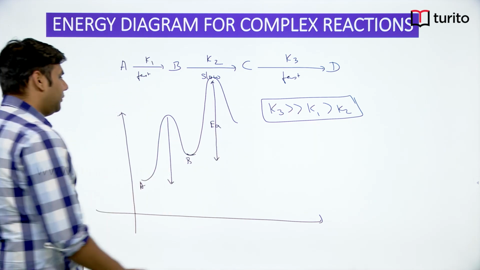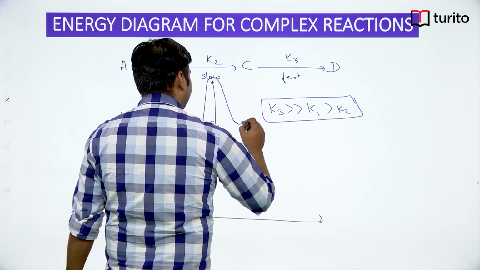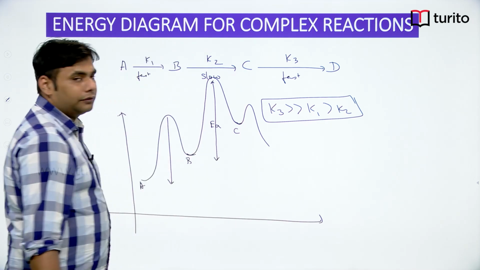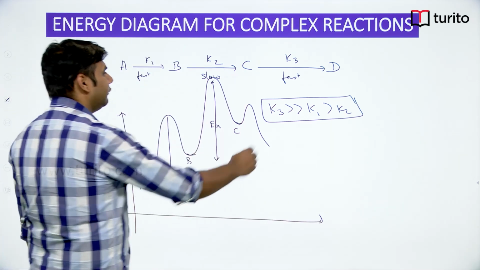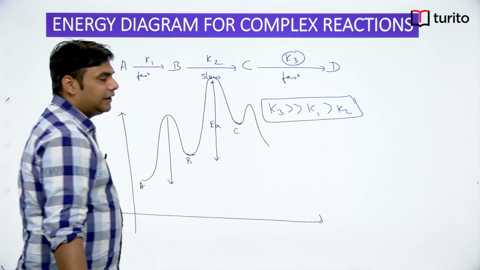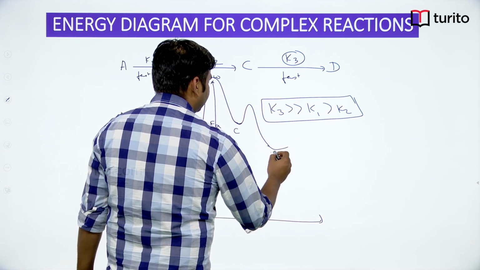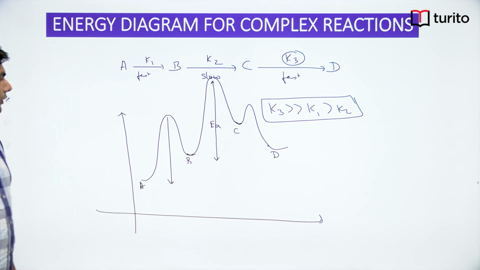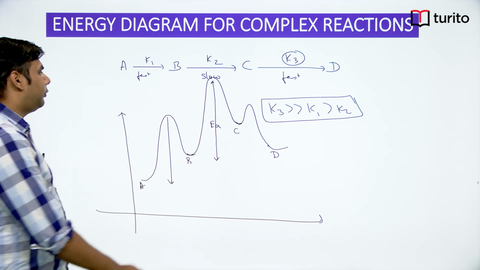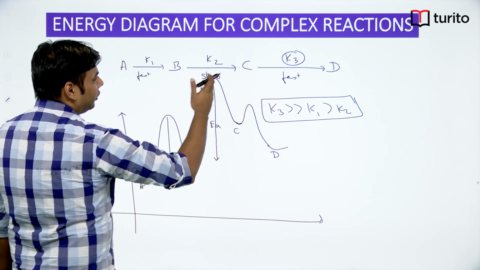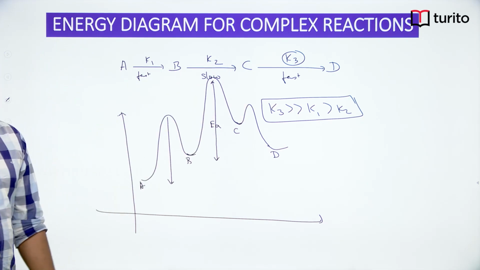Now the last step, where C is getting converted into D, we know that this is the fast step, the K3 value is the highest, so this reaction would be very fast and the activation energy would be low. So this is the graph. Similarly, you can plot any graph by just changing which step becomes slow and which become fast.